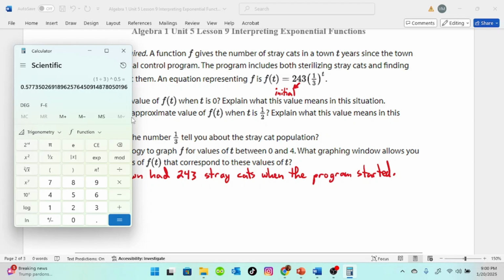Now we're going to multiply it by the original amount of stray cats, 243. And that gives us 140. And since we're talking about cats, we're going to round to the nearest whole number.